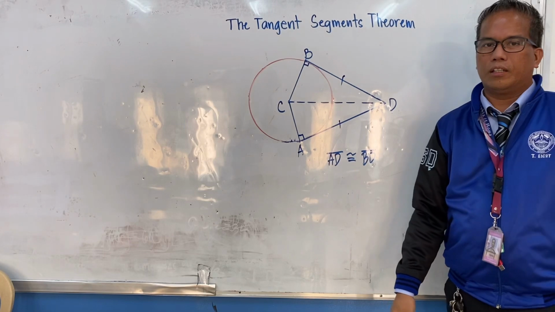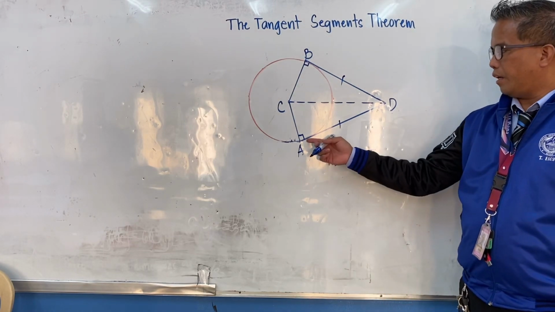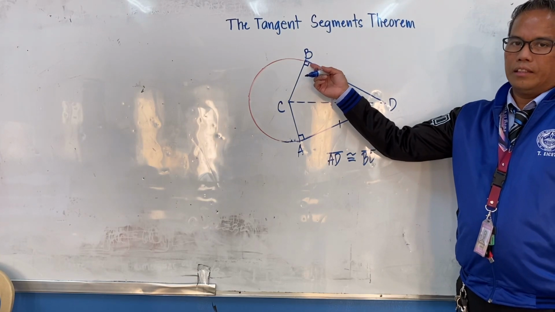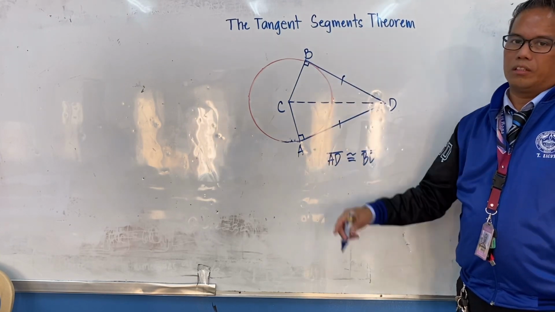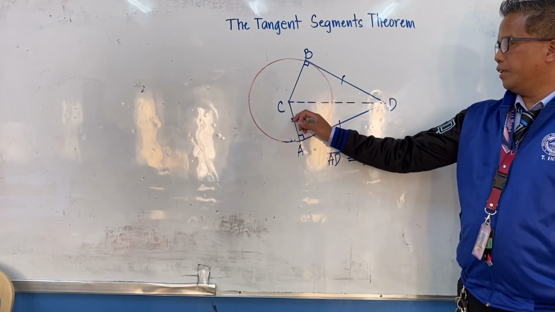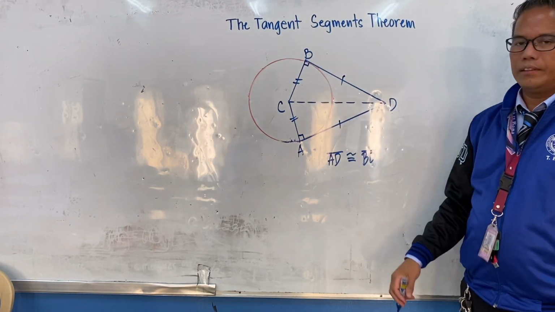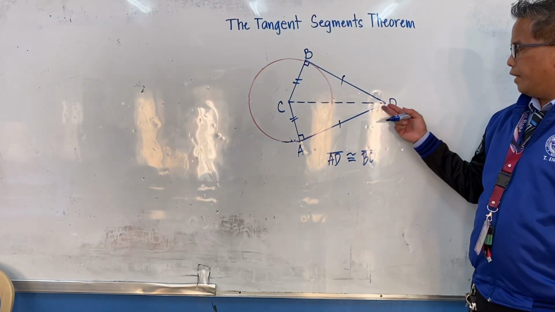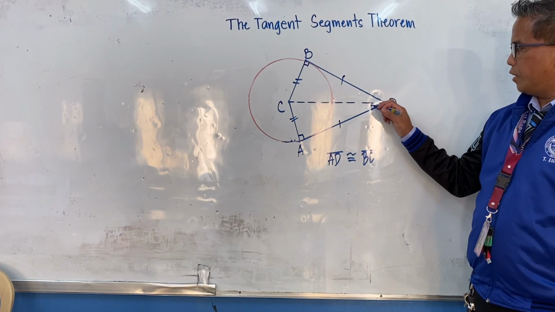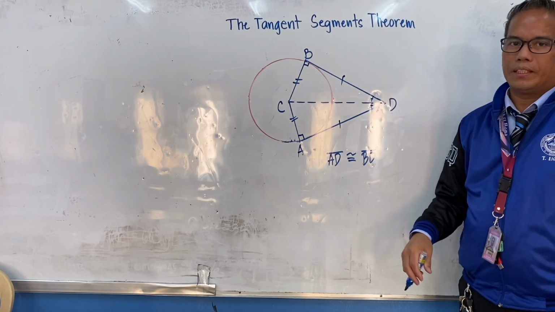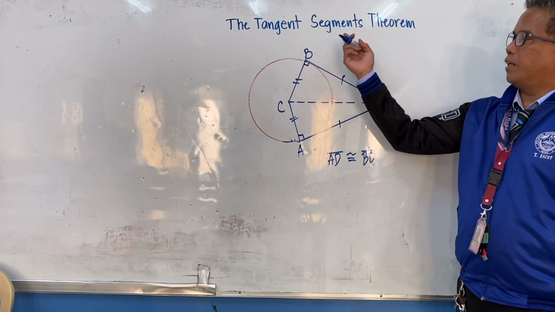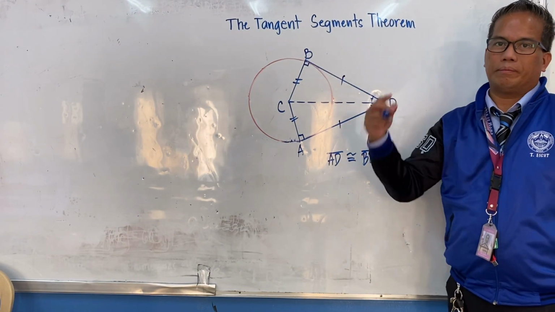Then also the angles here, this is a right angle, and this is a right angle, so they are also congruent, so they are equal. Then of course the radii are equal. Then this angle is also equal to this angle. So that is all about the tangent segments theorem.